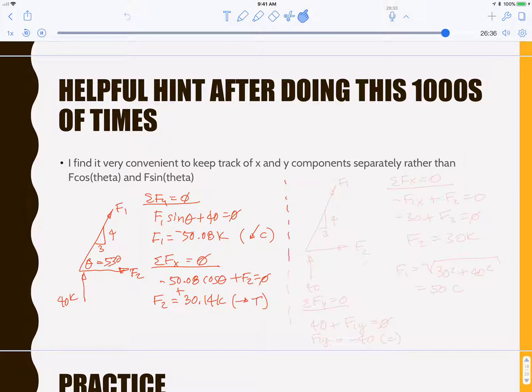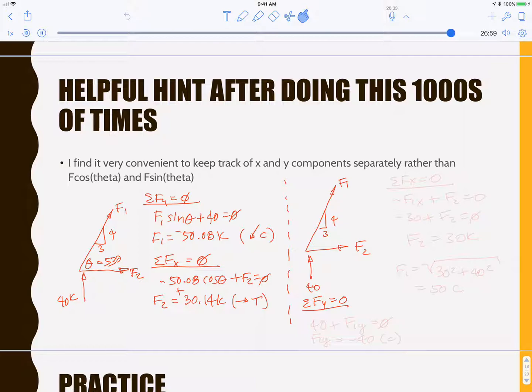Okay, let me show you what I mean by keeping track of X and Y components. So let's redraw that. There's F1, F2, and that 40. And again, this is at 4, 3. And what we're going to do is sum Fy equals 0.